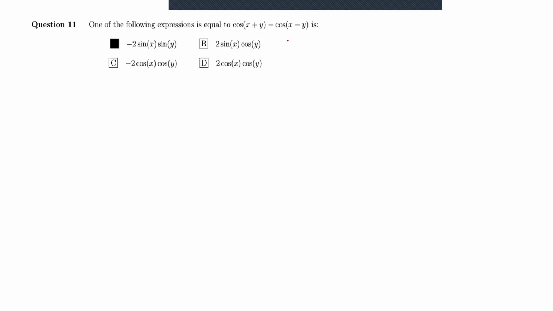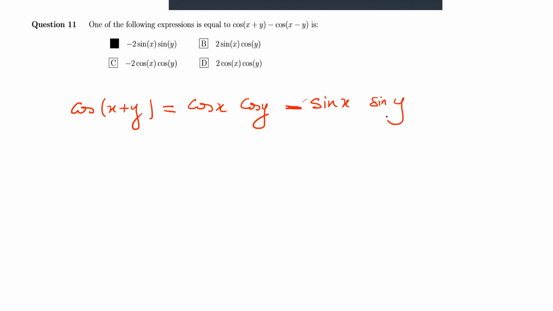Addition and subtraction identity. Identity for the cosine of the sum and cosine of the difference. What is cosine of x plus y? The formula says it's cosine x cosine y minus sine x sine y.